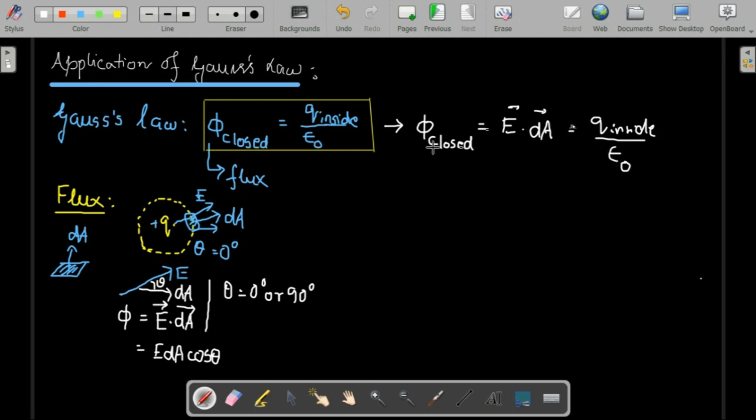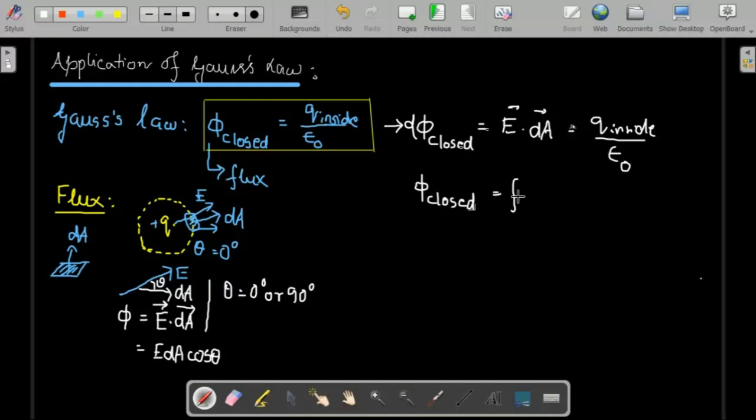Since it is a small area, we're talking about a small flux. If you want to find the total flux, phi closed, we have to integrate this.